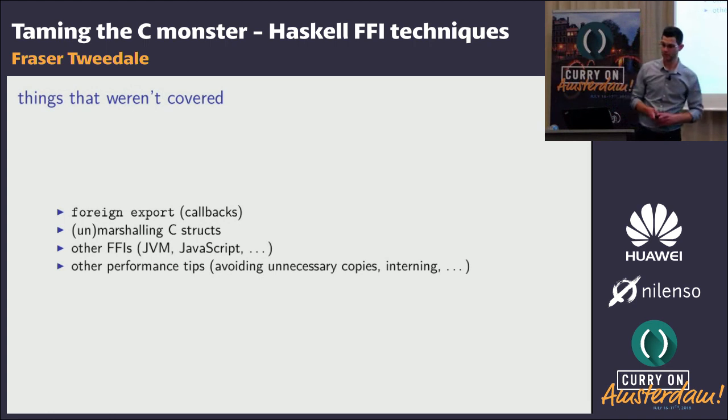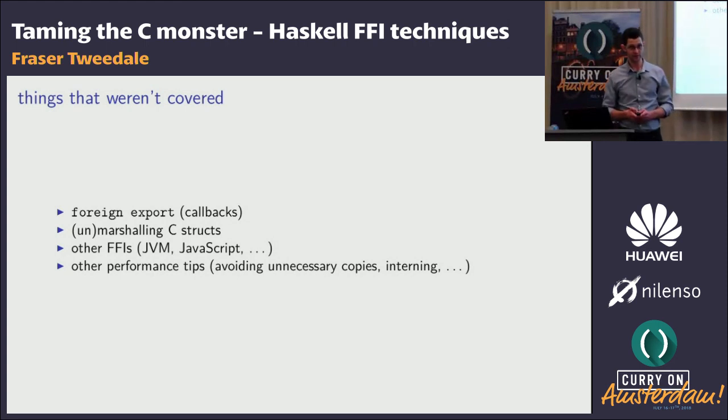So those are the main things I wanted to show you. We didn't cover foreign exports, so how to actually define your functions in Haskell and make them callable by foreign code. We didn't talk much about how to define the marshalling between C structures and native Haskell data types, because the case study here is using opaque pointers.